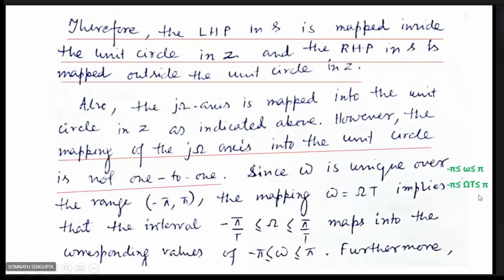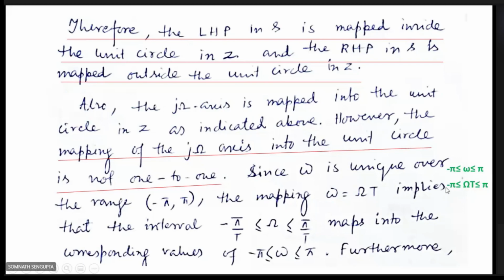Now you will find that this capital omega ranges from minus pi by T to plus pi by T. So the frequencies lying in the continuous frequency range minus pi by T to plus pi by T are mapped into the digital frequency range minus pi to plus pi.